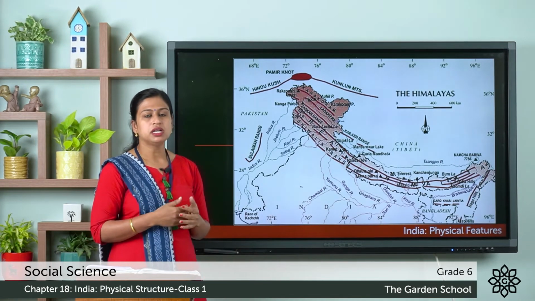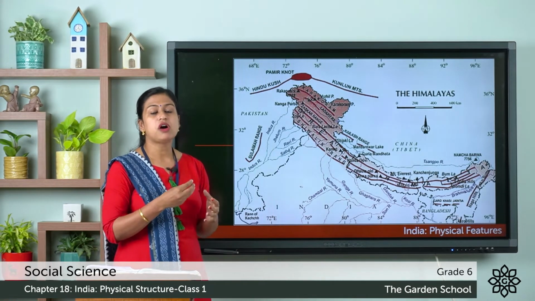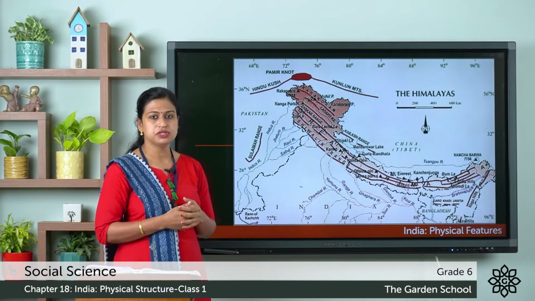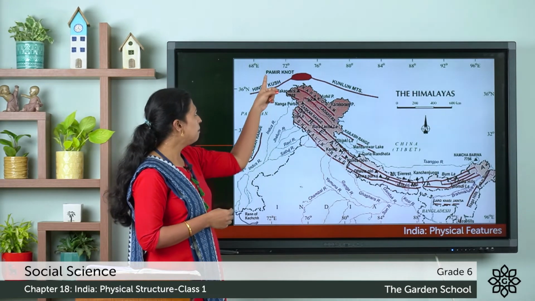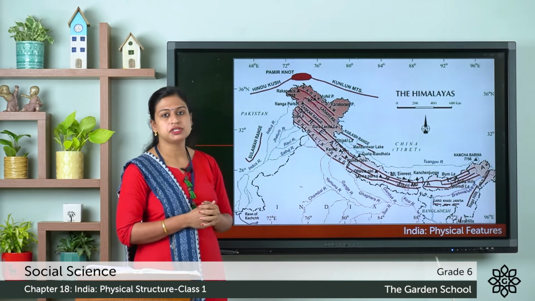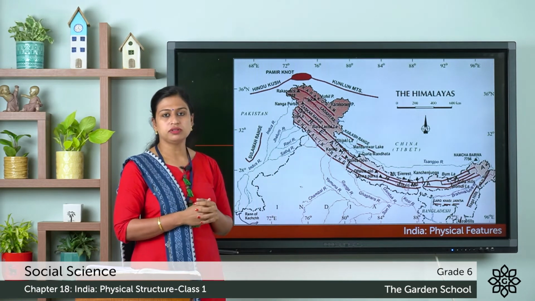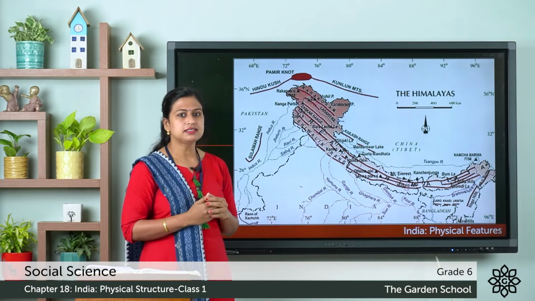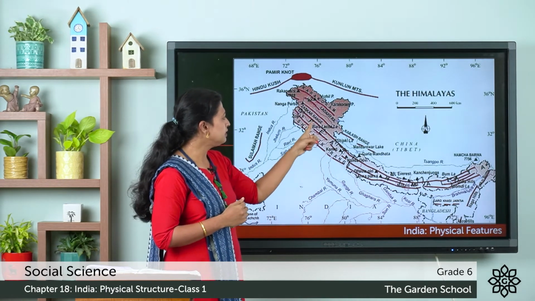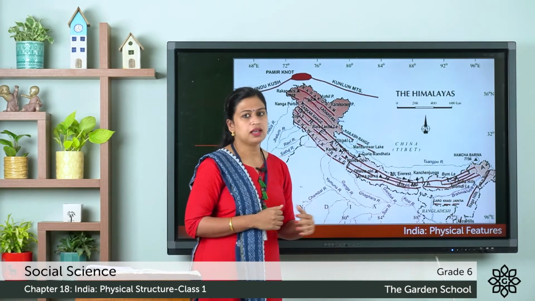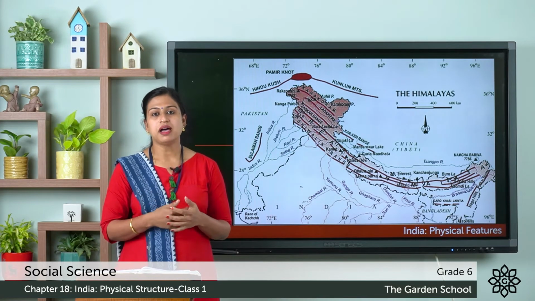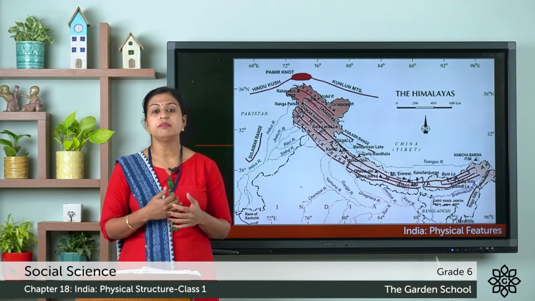As I told you, the northern mountains form the series of mountain ranges originating in Pamir Knot in Central Asia, with three ranges: Karakoram range, Ladakh range and the Himalayas. Out of these, the Himalayas are the highest and the most important one.